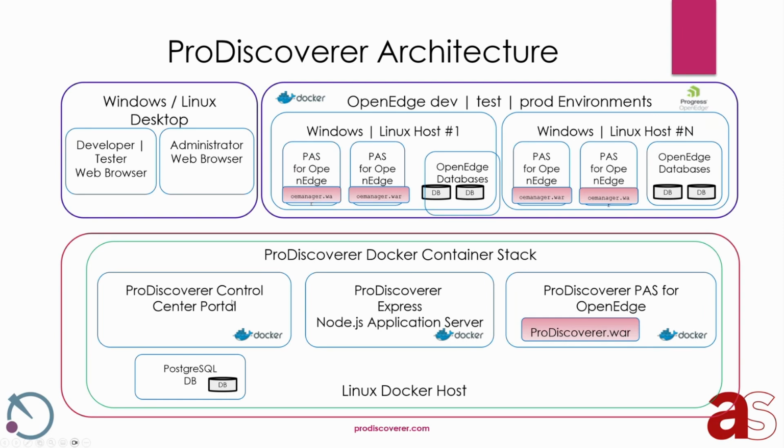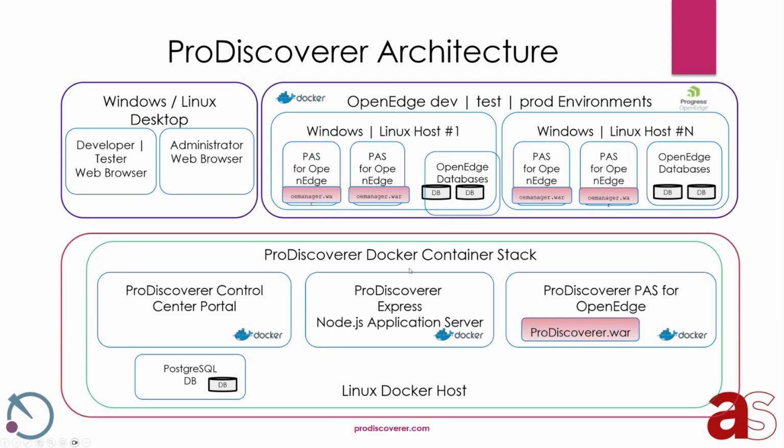We then have the control center portal itself. That's the main interface, the web application that you work with. We have a Node.js application that does some of the heavy lifting on the back end, and there is also a PAS instance running on the back end as well. Natsuros will explain what that is used for later.